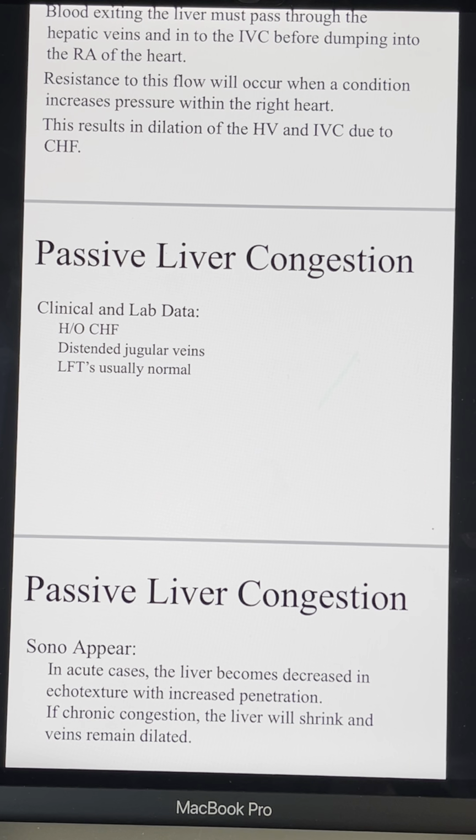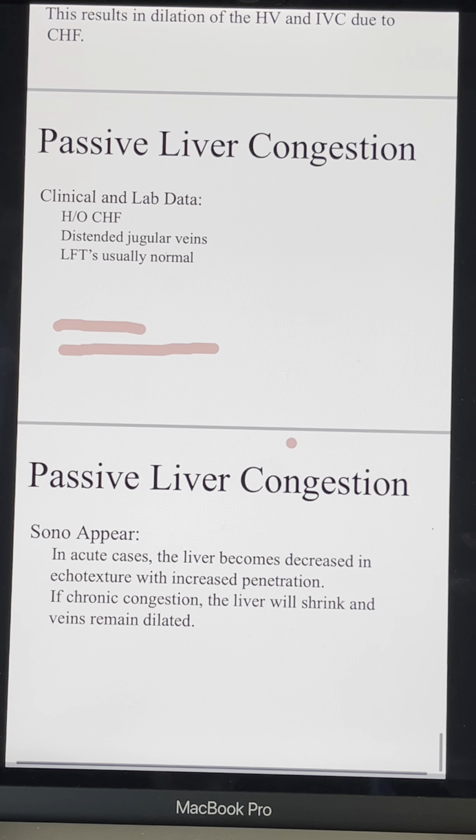Passive liver congestion is common if the patient has a history of congestive heart failure. Clinical and lab data is going to present dilated jugular vein because there is too much pressure in the venous part. And liver function tests are usually normal with passive liver congestion.